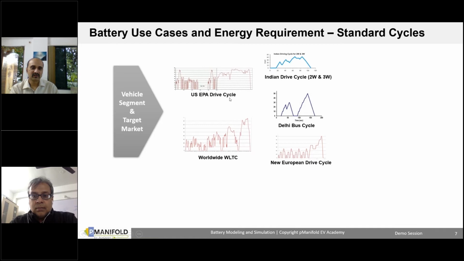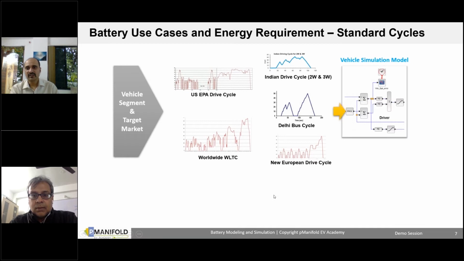And then we also have efforts at harmonizing all the passenger vehicle cycles around the world into one transient cycle, which will be the WLTC cycle.